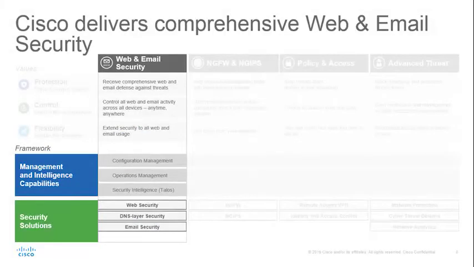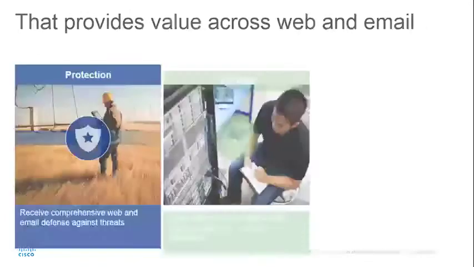Cisco's web and email security solution includes Cisco Web Security, Domain Name System Layer Security, and Cisco Email Security, all accompanied by the leading Talos Security Intelligence and Research Group technology. Cisco Web and Email Security also includes features that provide configurations and operations management capabilities. Cisco's Web and Email Security offers incredible value to customers across their business.